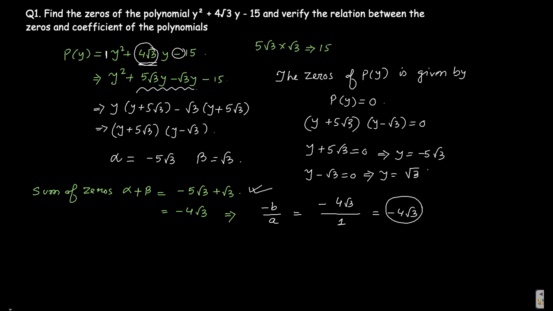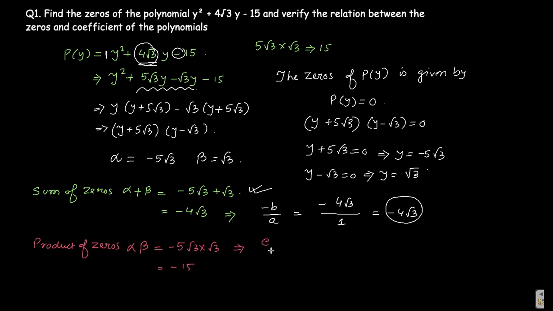Now we are going to verify the product of the zeros. The product of zeros is equal to alpha beta. What is alpha beta? It is −5√3 into √3, that is −15. Now what is the product of the zeros?